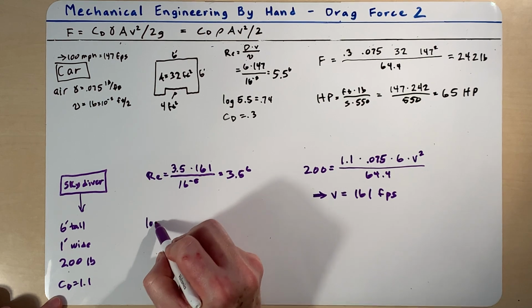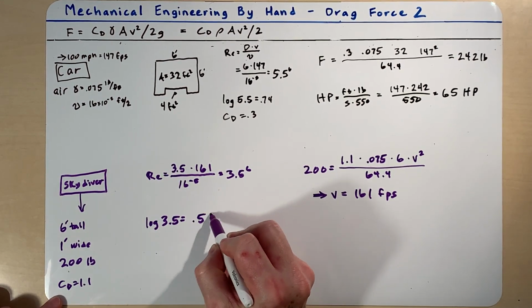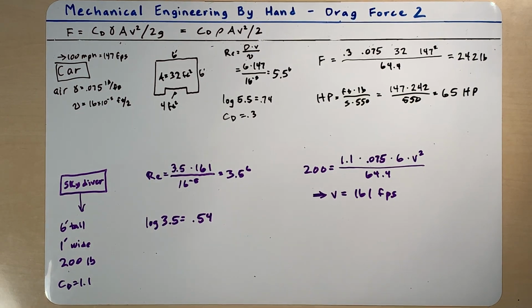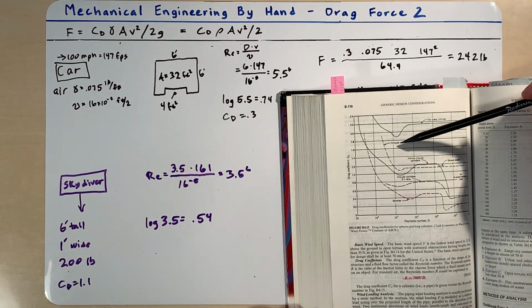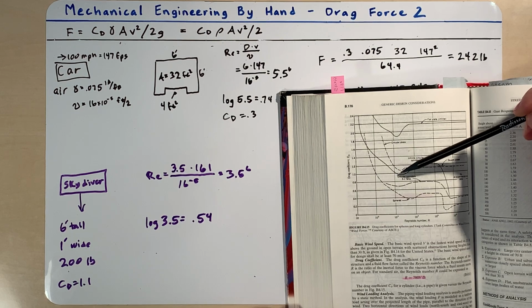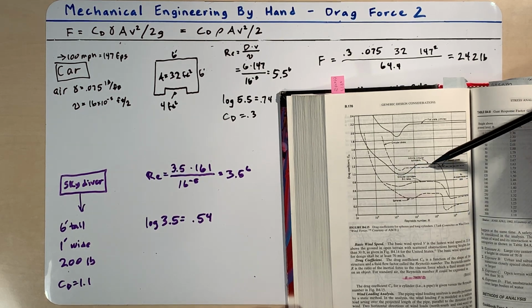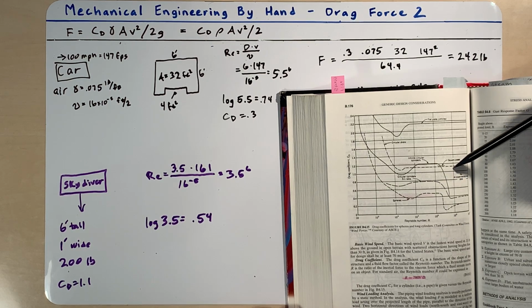Okay, if we take the log of 3.5, that equals 0.54. So we'll take a look at that drag coefficient chart. We were using this circular disc line, and we have a Reynolds number of 3.5 million, which will be between 1 million and 10 million shown here, and it'll be 54% of the way over, so about right here.